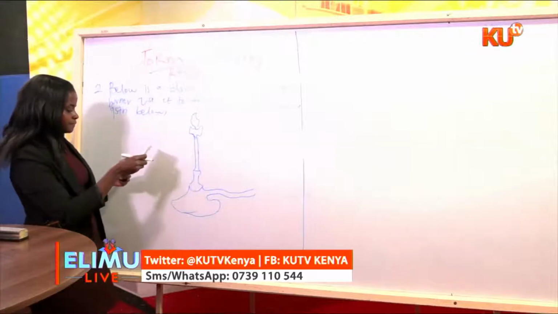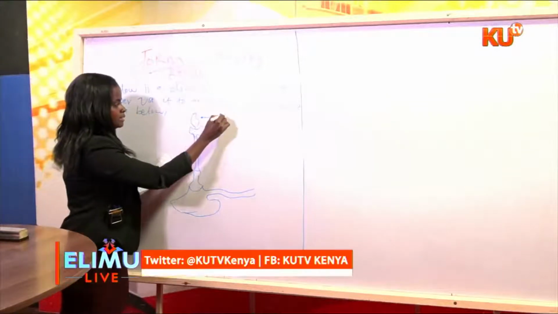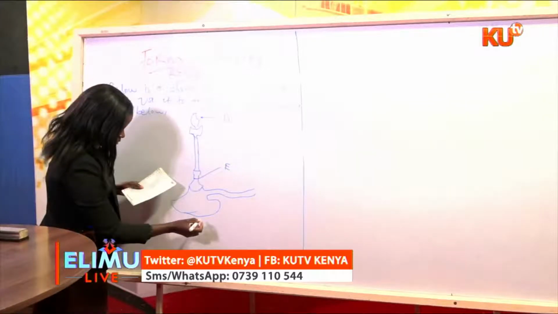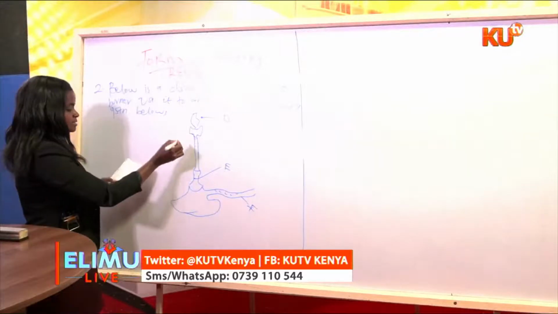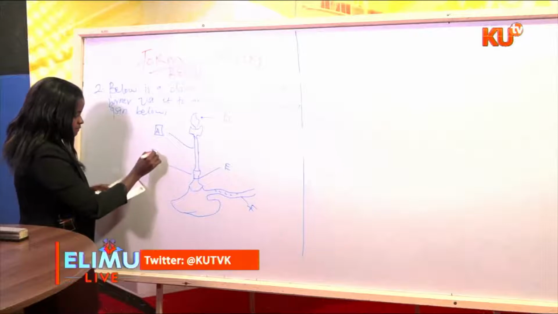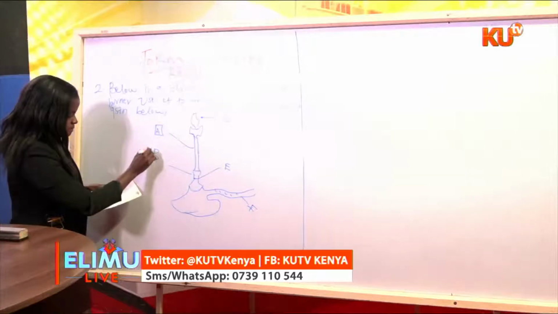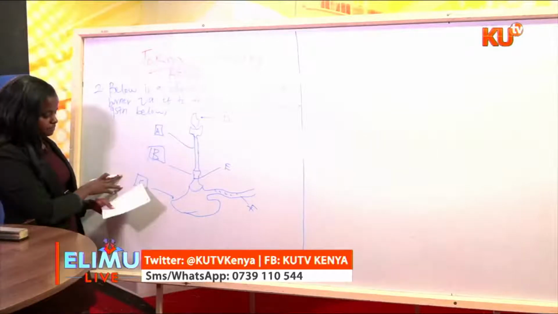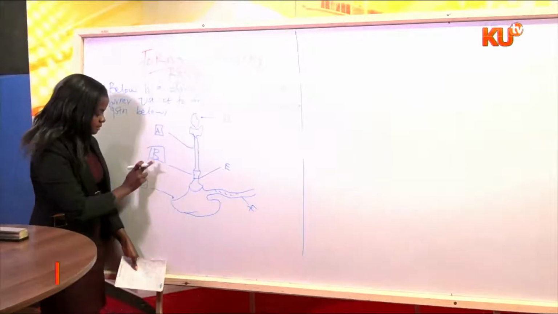You are asked to name the following parts. So there is part D, then part E, and then part F. From this other side we have part A, then we have part B, and on this other side we have part C. So you're required to name the parts.